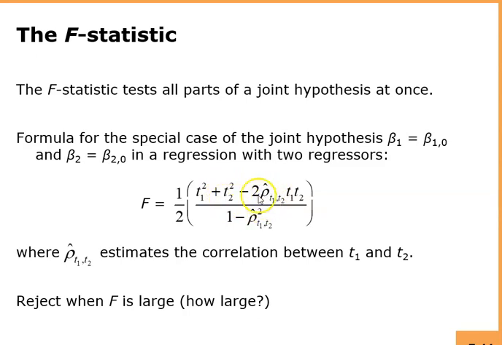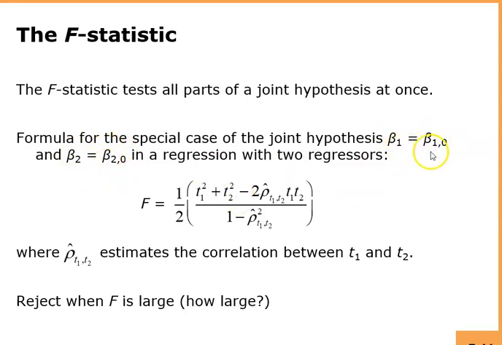This symbol over here basically is the symbol for correlation between T1 and T2, and then once again this correlation is being multiplied by the T1 and T2, the individual T-stats which you get from beta 1 and beta 2. Even in the denominator you have the term for correlation coefficient over here, but if you plug in all the numbers over here, you will actually get the F-stat for the joint hypothesis test, that beta 1 is equal to 0, for example, and beta 2 is equal to 0.